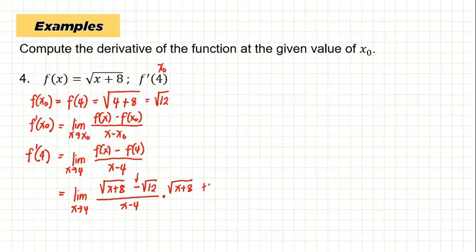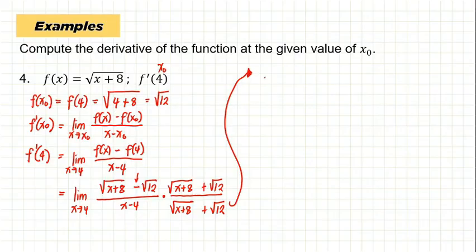So we have plus square root of 12 all over square root of x plus 8 plus square root of 12.